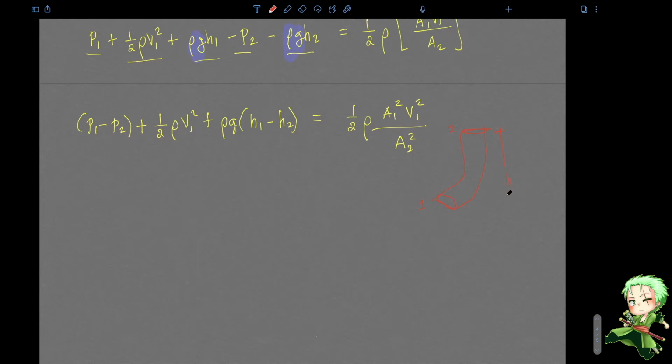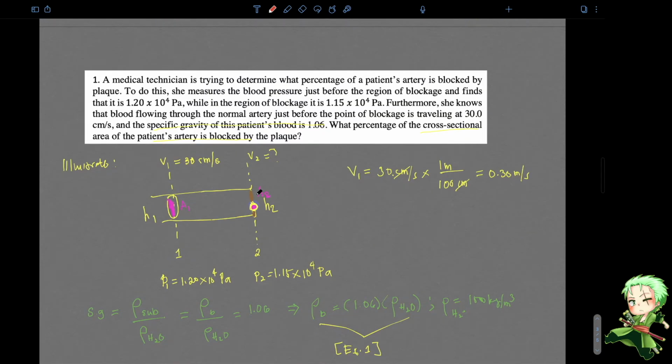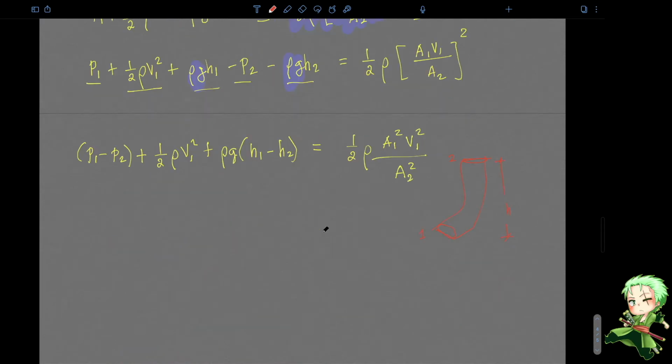That is your height h. But take note that you don't have any height h involved in this problem because of the assumption that your artery is just a straight line, meaning h1 and h2 lie on the same reference line. Therefore, it doesn't have any height. So h1 and h2 is just 0. That is very helpful in reducing your equation.